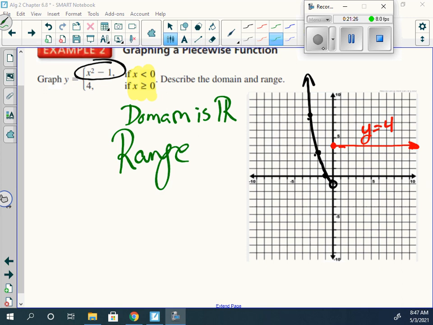Well, no. But it is the smallest value that we do have, and everything else is bigger. So we can say the range for this function is y is greater than negative 1. And we can kind of see that because all the values of y greater than negative 1 are included because of that quadratic. So that kind of gives us an idea of what the range is. Any questions on this here?